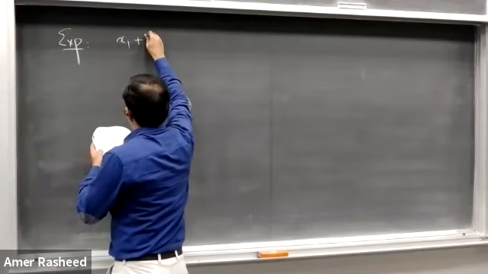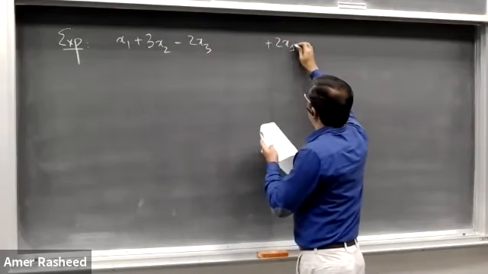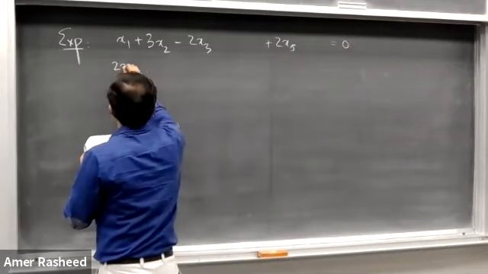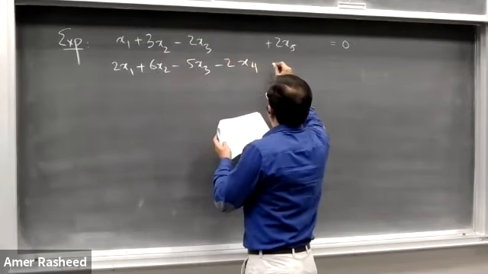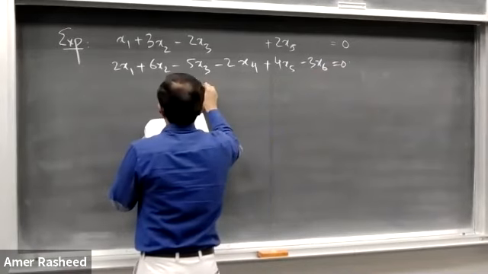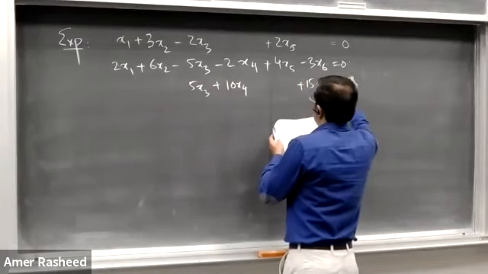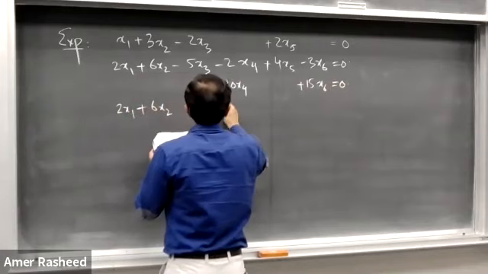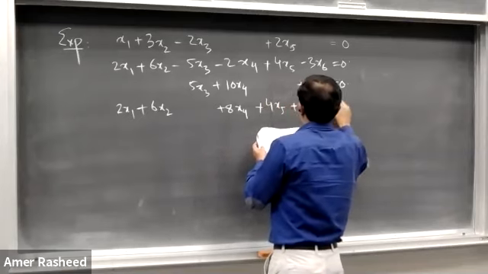x1 plus 3x2 minus 2x3 plus 2x5 is equal to 0, and then 2x1 plus 6x2 minus 5x3 minus 2x4 plus 4x5 minus 3x6 is equal to 0, and 5x3 plus 10x4 plus 15x6 is equal to 0, and the last equation is 2x1 plus 6x2 plus 8x4 plus 4x5 plus 18x6 is equal to 0.